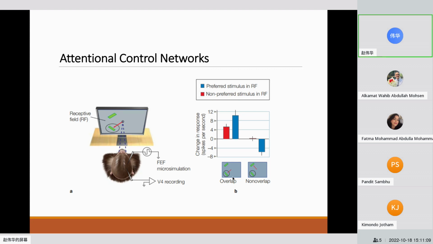So this study showed attention was enhanced to attended targets only if the target was at a specific spot. If the stimulus appears within the receptive field, it can enhance the neural activity, but if it is outside the receptive field, it does not.